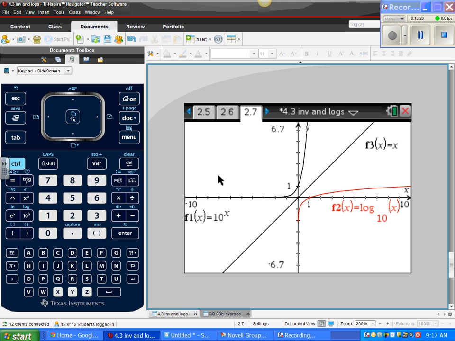X can never equal 0. Because the first one never touched the x. Yes, it did. It touched it right here. Oh, right. Good. With 10 to the x, the asymptote was the x-axis, right? So when we have inverses, what do we do with domain and range? We flip them. The domain becomes the range and the range becomes the domain.